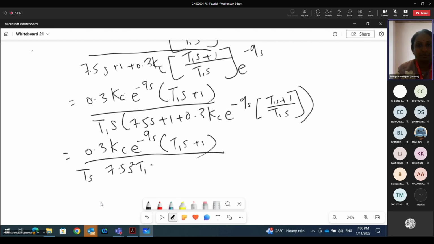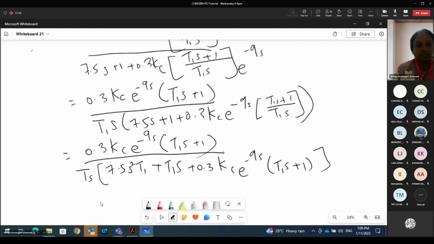When you simplify, you'll be getting the s squared plus T1 s plus 0.3 Kc e negative 9s, T1 s plus 1. Okay, this will be 1 over the T1 s.